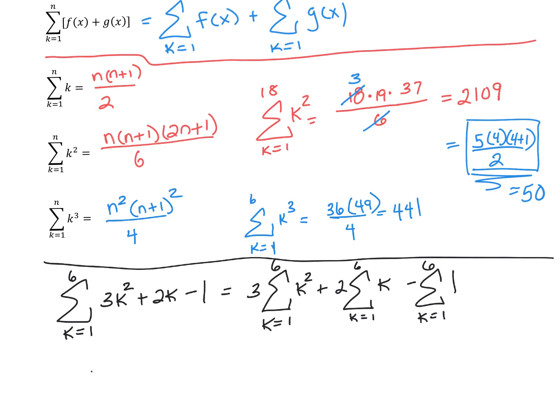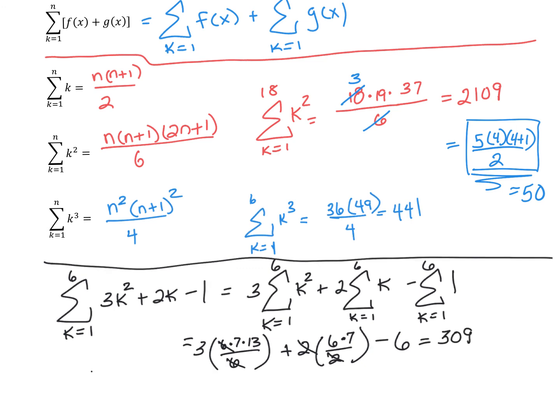This is going to give us 3 times 6 times 7 times 13 all over 6, plus 2 times 6 times 7 over 2, minus 6. And we can clean this up a little bit easily, which gives us 309.